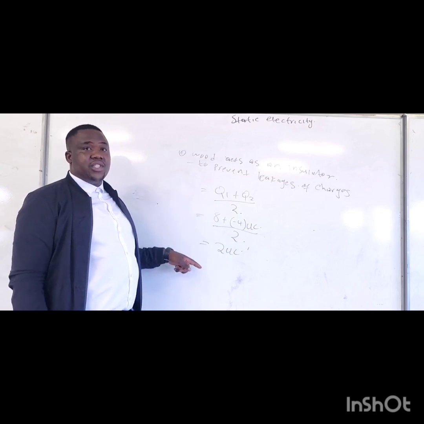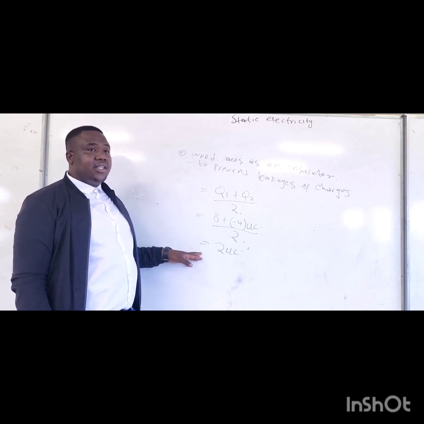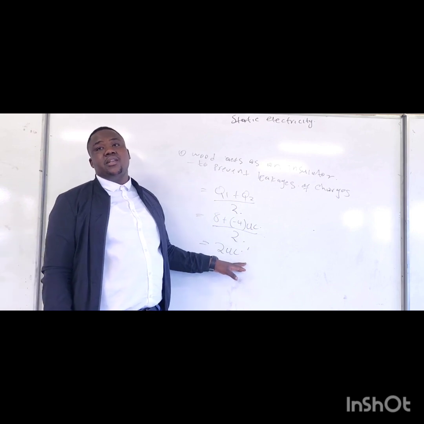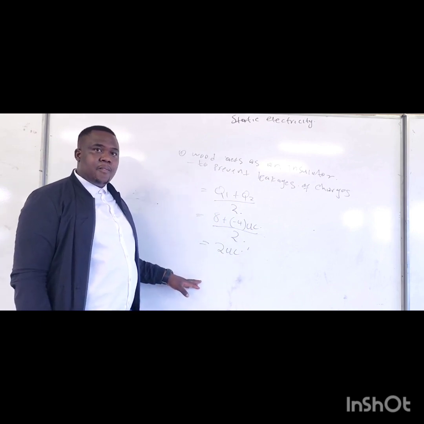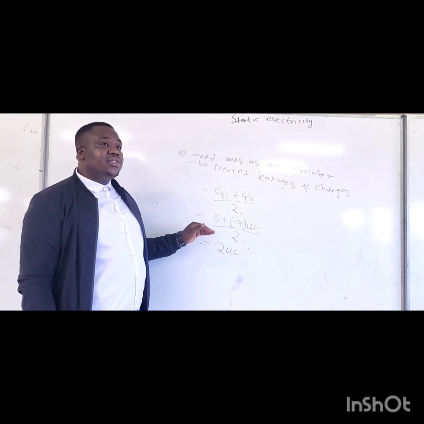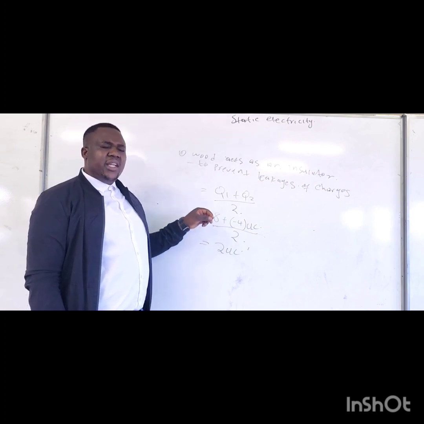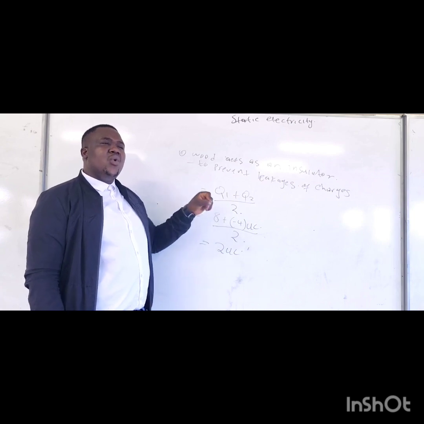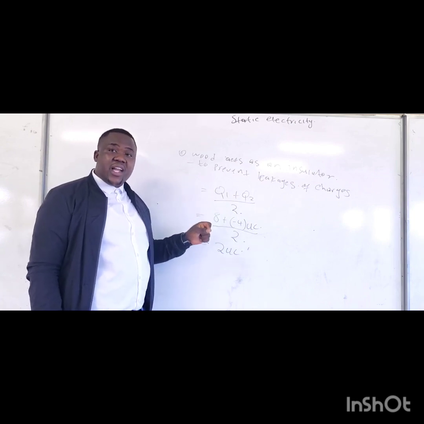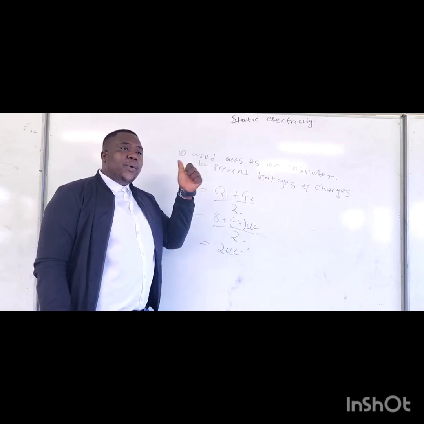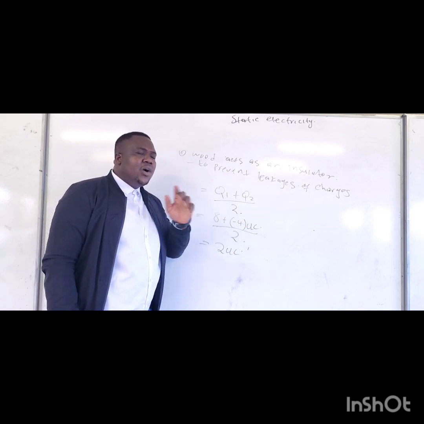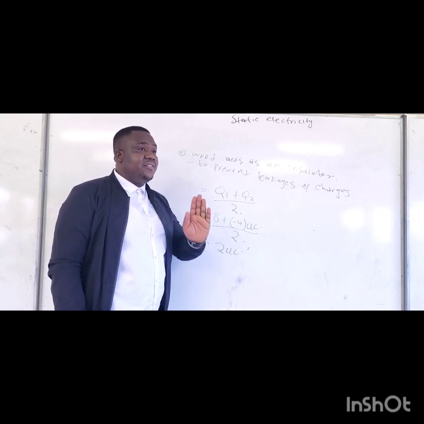I said when I was teaching the content initially that there's a psychological mistake which learners make. If they tell you that the spheres were made to touch then separated, you do not treat the spheres the way they were originally. The positive 8 and negative 4 disappear. We no longer have such.